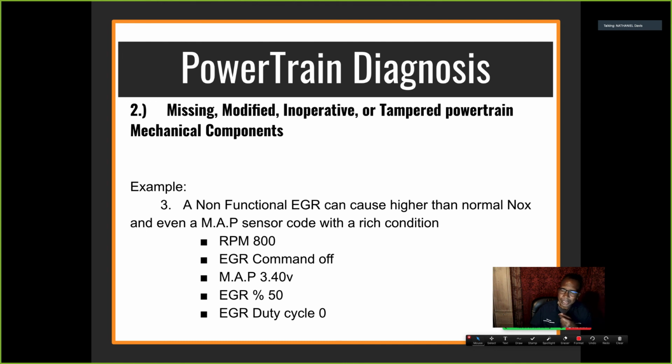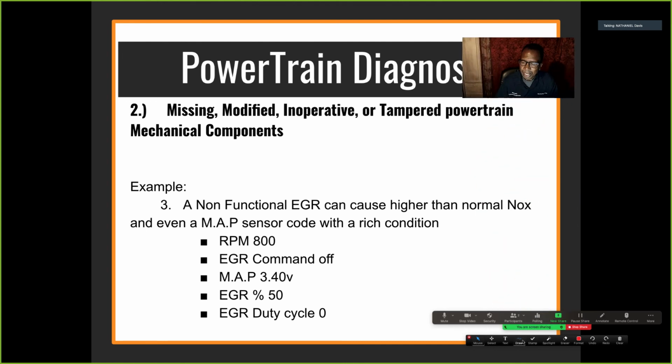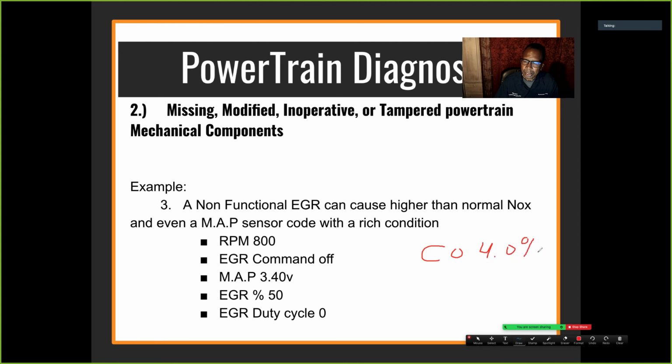I've got high CO. Let's say this car has a CO of 4%, right? And HCs at 300 parts per million.